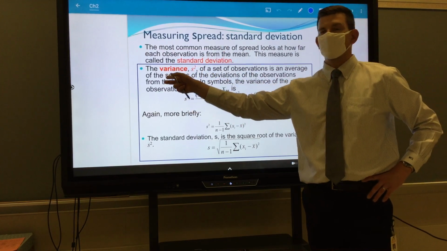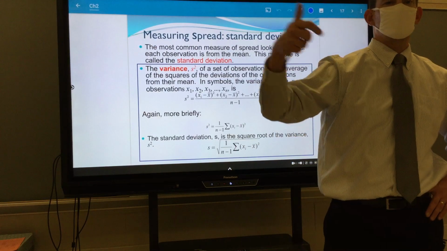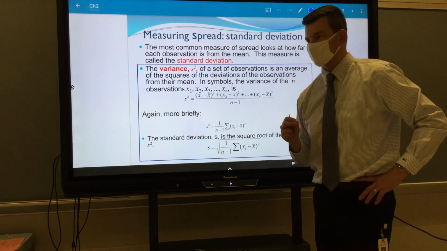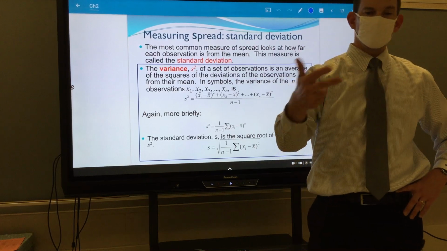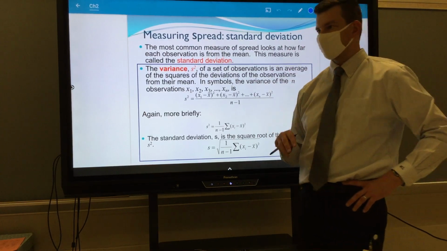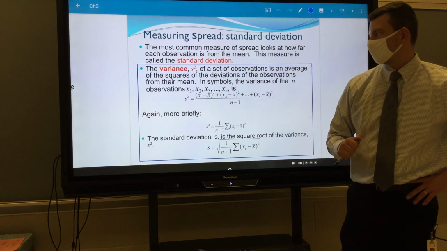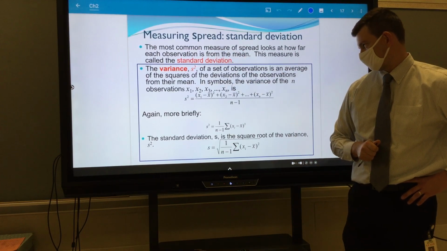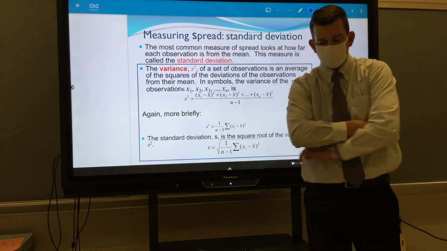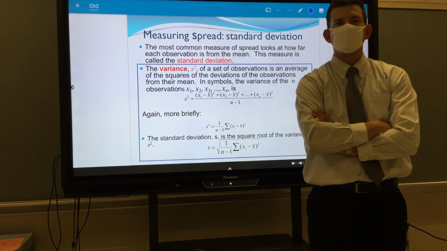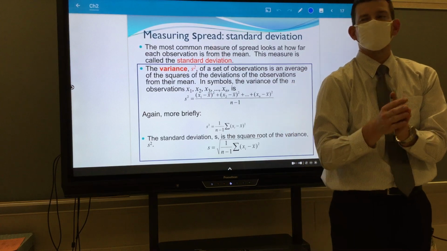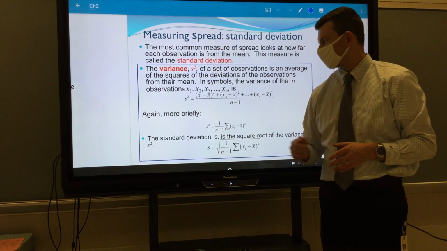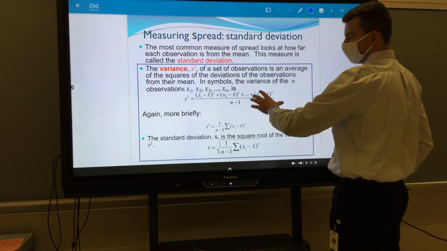Now, we're not really going to be talking about variance much until our last test for statistical significance, an ANOVA test, an analysis of variance, at the very end of the year. But really, variance is just a step on the way to standard deviation. Basically, standard deviation is an average measure of how far away each data value is from the mean. So look at this equation for variance here.